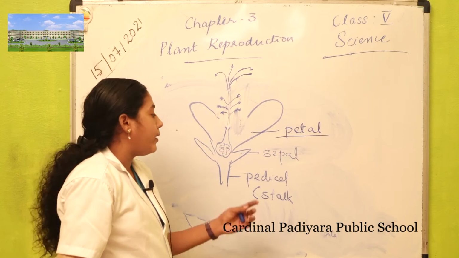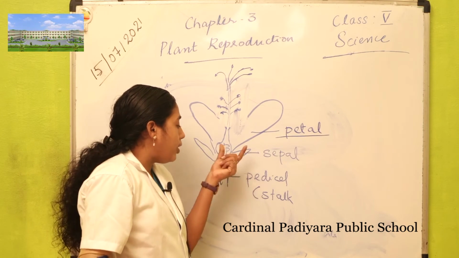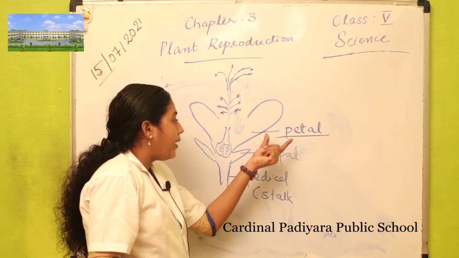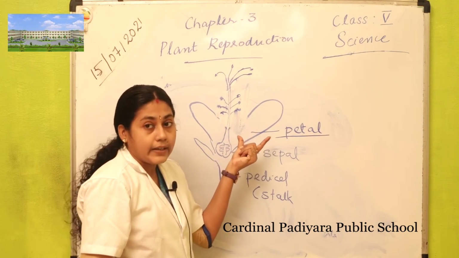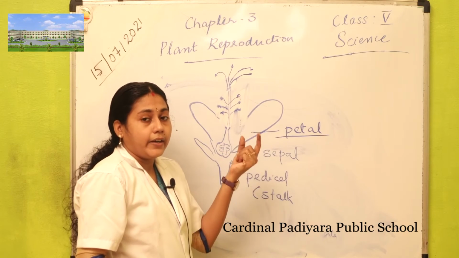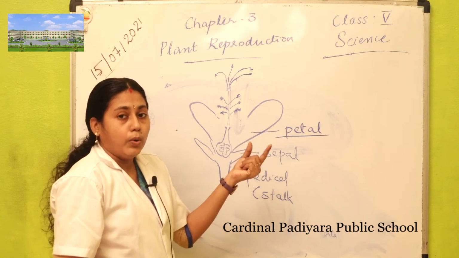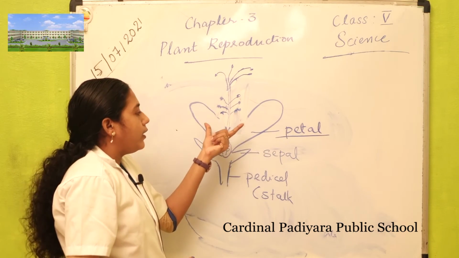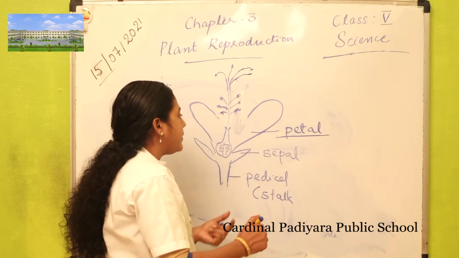The green colored structure below a flower is called sepal, and above the green colored structure we can see the red, yellow, blue, pink colored structure that is called petal.